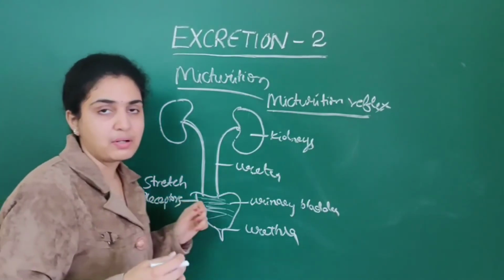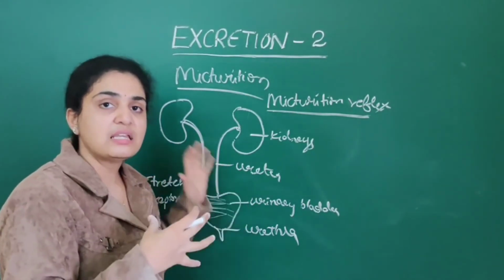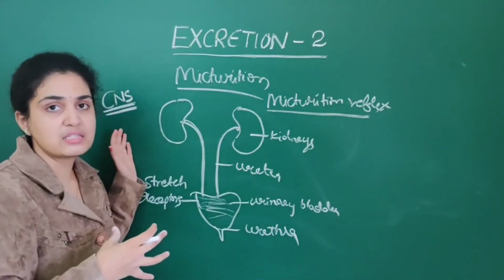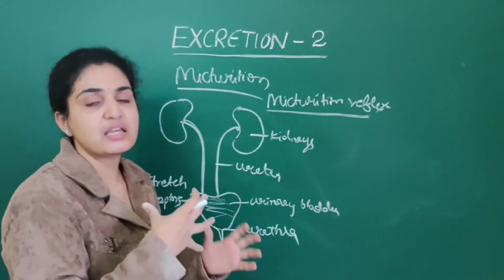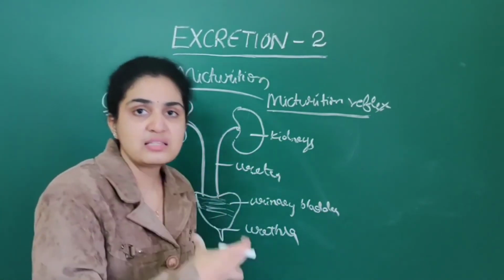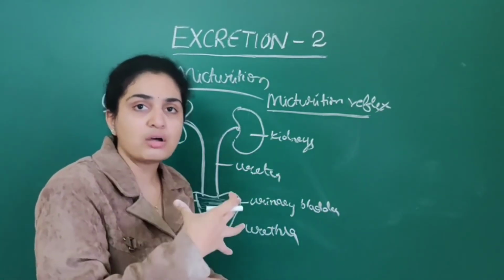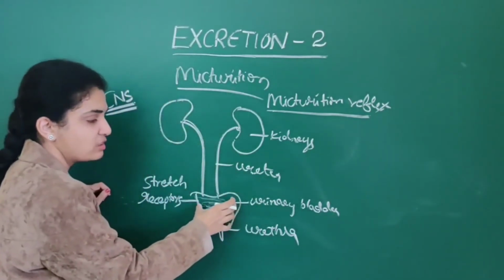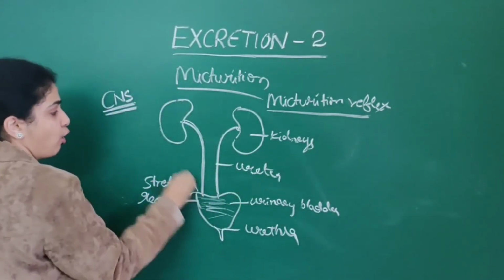These stretch receptors send signals to the central nervous system, and then from the central nervous system the signals are passed back. This causes contraction of the smooth muscles of the bladder.